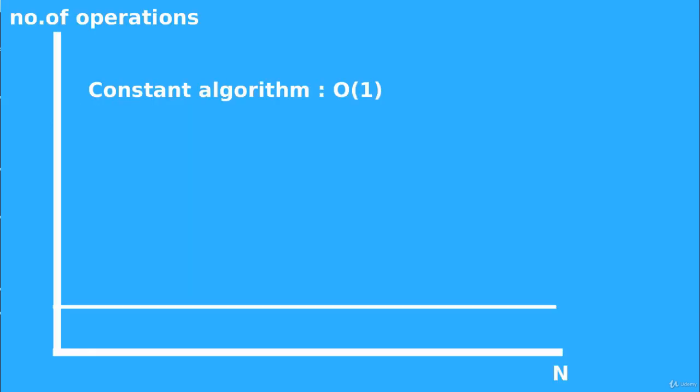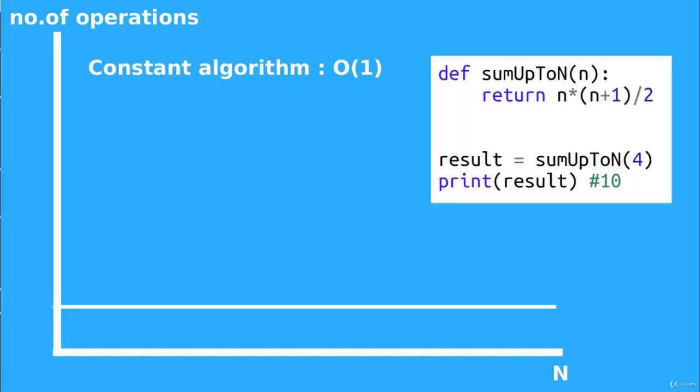Constant complexity. In constant algorithms, the number of operations that our algorithm takes doesn't change as our input grows. So for example here, in this pseudocode, we receive a number as input to our function, and what this function does is that it calculates the sum of the numbers up to that given input n, using this formula that we will, by the way, use to solve a problem later on in the course, and I'll prove it mathematically.